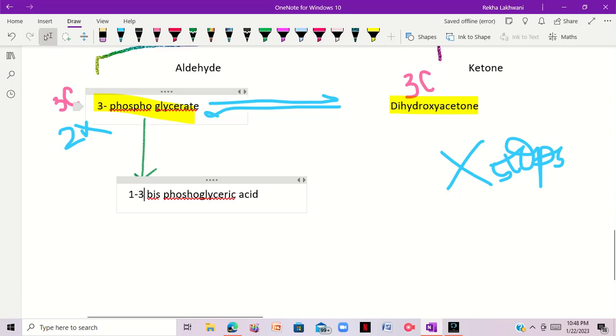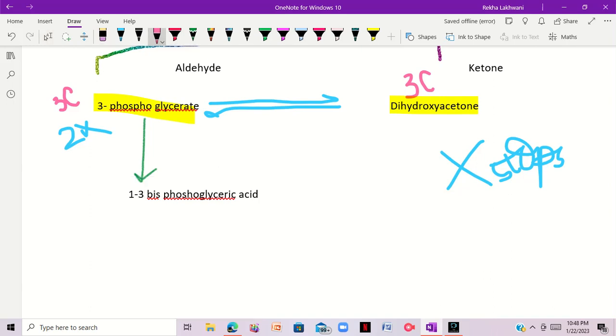Actually, in the mid of this, a phosphate is attached, and as I said, there's oxidation. What happens in oxidation? Basically, an electron is lost, a hydrogen ion is lost, and a lot of energy is produced, right?